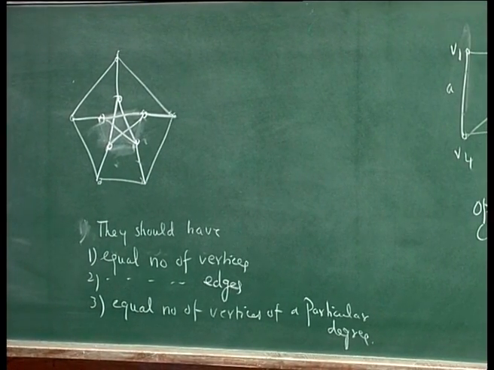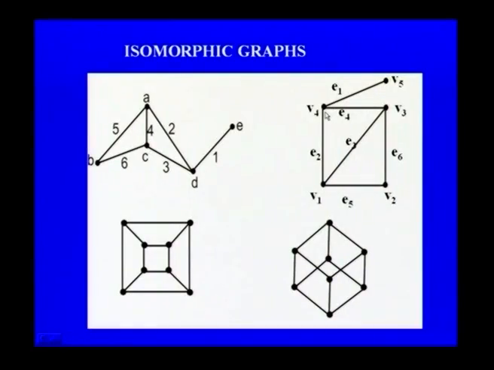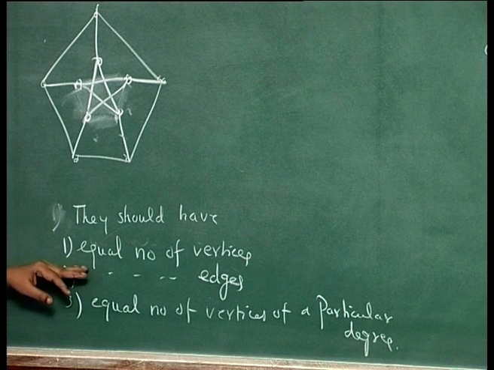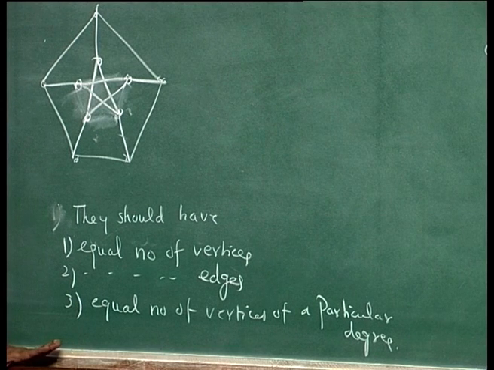For example, in the earlier one, there are 1, 2, 3 vertices of degree 3. Here also there are 1, 2, 3 vertices of degree 3. There is a vertex of degree 1, here there is a vertex of degree 1, there is one vertex of degree 2. So, if two graphs are isomorphic, they will have equal number of vertices, equal number of edges and equal number of vertices of a particular degree.